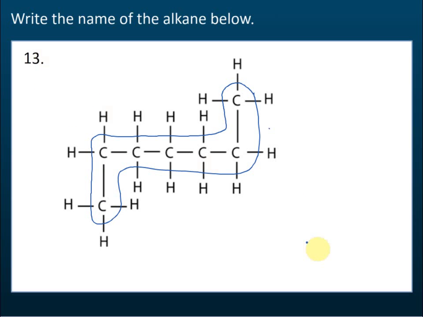So therefore the name is heptane. Okay, so the general name is heptane and the IUPAC name is also heptane. No branch or branches. Okay, the branch cannot be attached to the first or the last carbons. So these two are not branches. They are part of the longest chain. So the name is heptane.